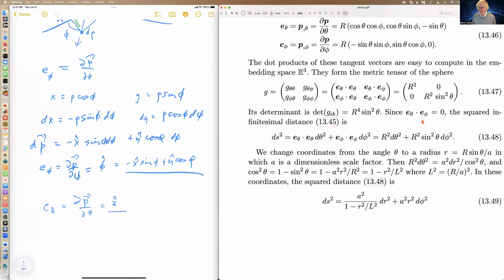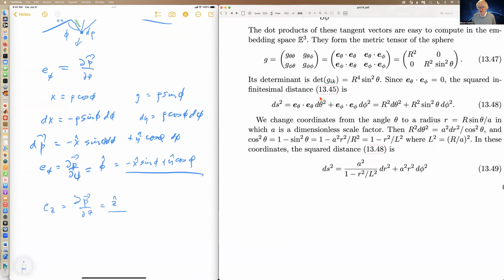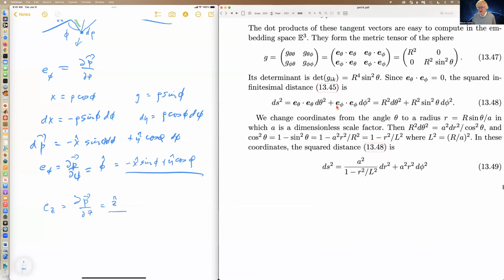E theta dot E phi vanishes, which is why we've got zeros here. The infinitesimal distance then is E theta dot E theta, E phi dot E phi, and that's R squared d theta squared plus R squared sine squared theta d phi squared.